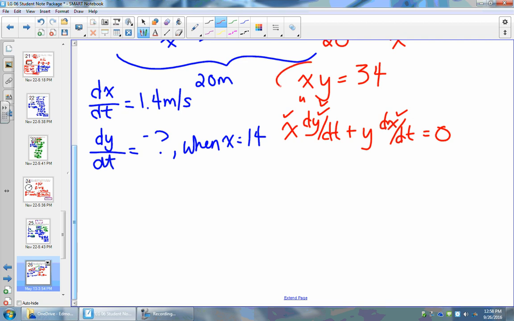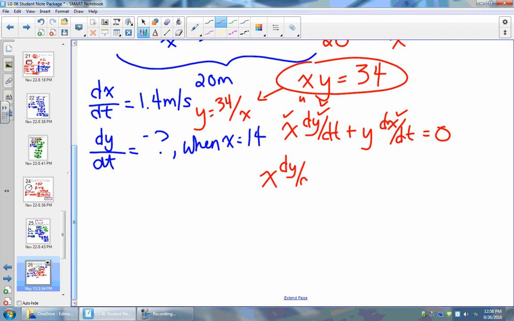Well, right here, I've got y equals 34 over x, right? That makes sense. We can just manipulate it, because I've taken the derivative, remember, everything is fair game. So I'm going to rewrite this, x dy over dt plus, now instead of y, I'm going to have 34 over x, dx over dt, is equal to 0.